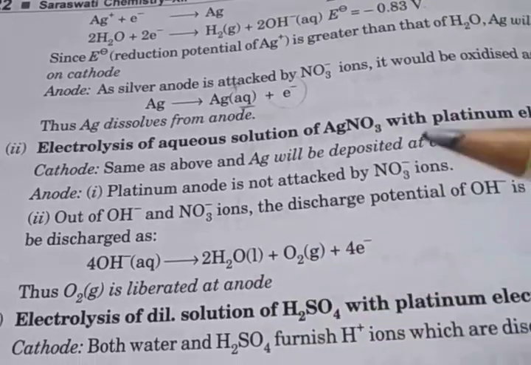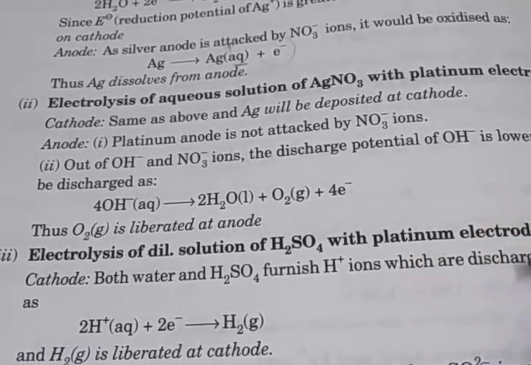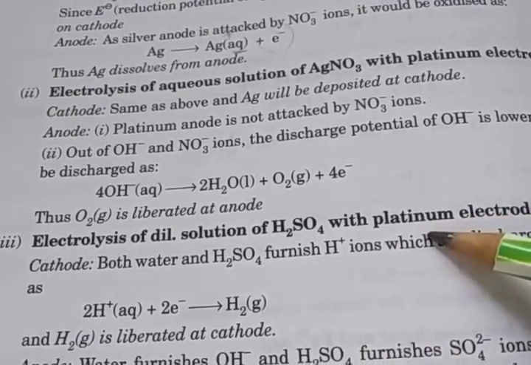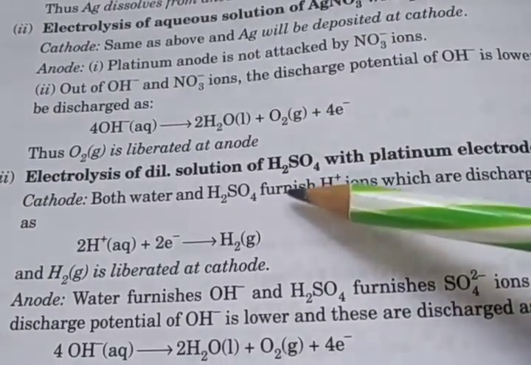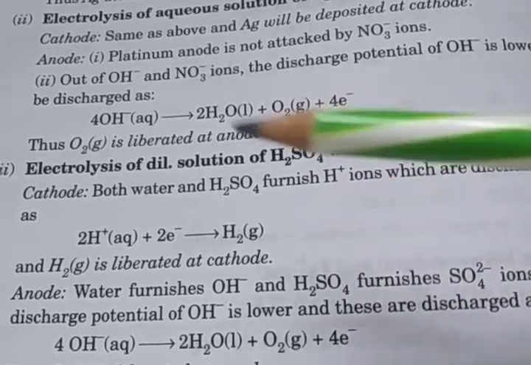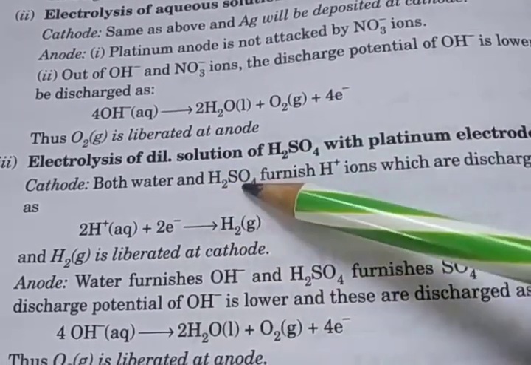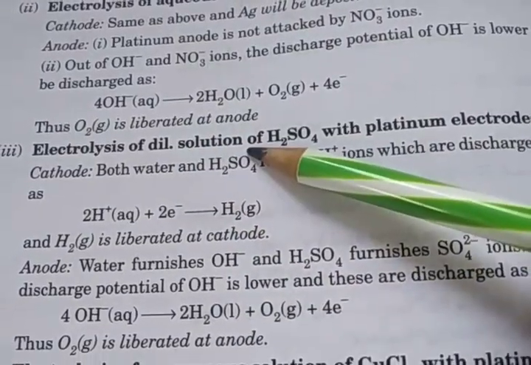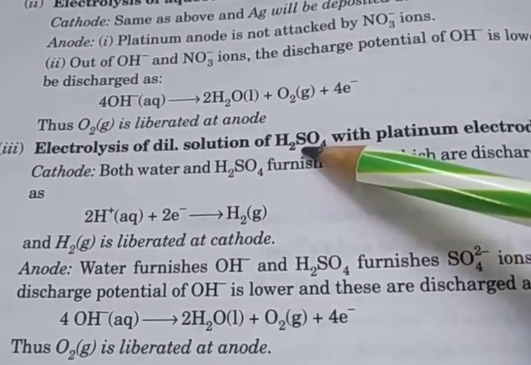Then the third question is electrolysis of the dilute solution of sulfuric acid with platinum electrode. So we take a platinum electrode, and electrolysis of the dilute solution of sulfuric acid. At the cathode, first we have to see the cathode.